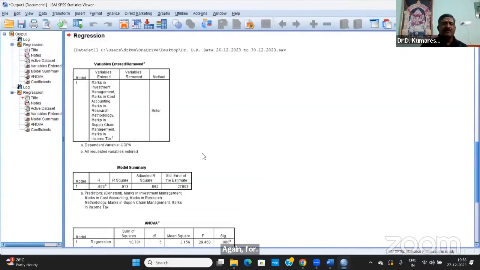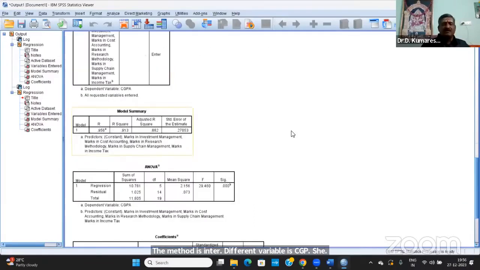In the first table, variables entered and removed: marks in investment management, marks in cost accounting, marks in research methodology, marks in supply chain management, marks in income tax. All requested variables are entered. The method is enter method. Dependent variable is CGPA.